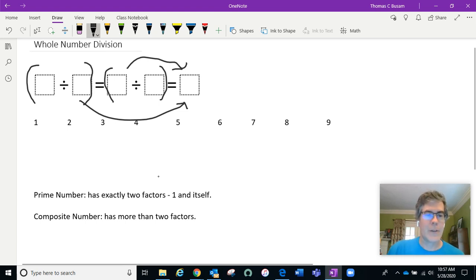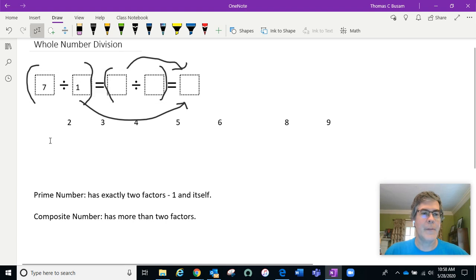The next thing I'll point out to you is we talked before about prime and composite numbers. A prime number has exactly two factors, one and itself, and a composite number has more than two factors. So in your first digits in the division problem, you're going to have a composite number because, for example, if I were to use 7, well, 7 can be divided by 1, so I could do that.